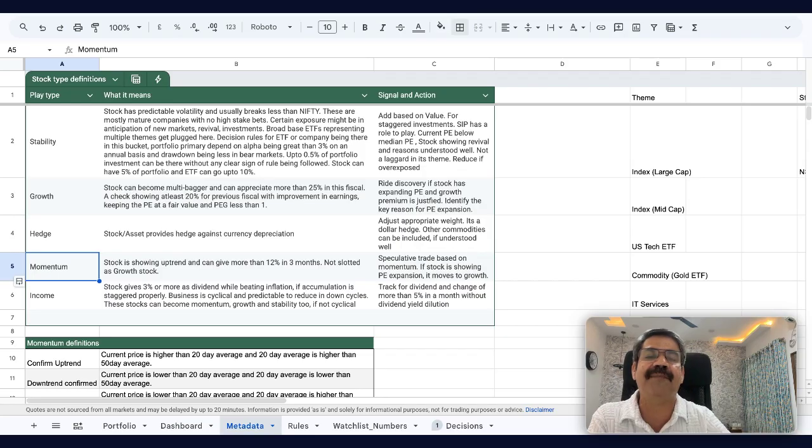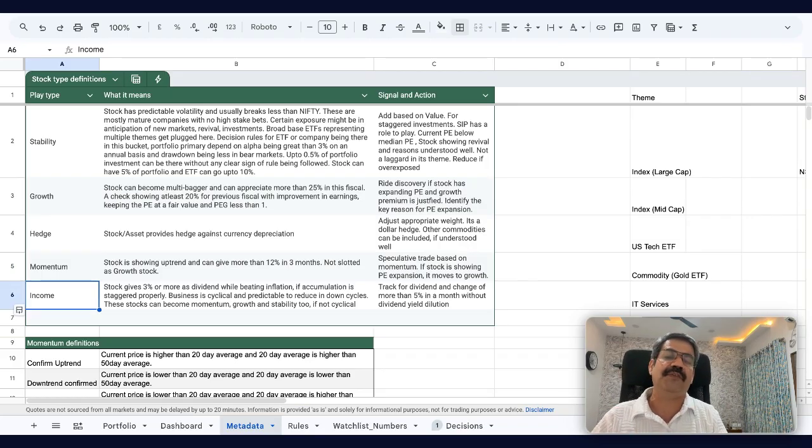You want to ride some part of your portfolio on that kind of thing. That is what goes into momentum. Sometimes a momentum stock can also become a growth stock, but we have given part of it to that. And then we have income stocks, because when this was being designed, we assumed that part of it is about conservation of the portfolio principal, and part of it is because if you are closer to situations where you want a fixed income from your portfolio, then income serves that purpose.